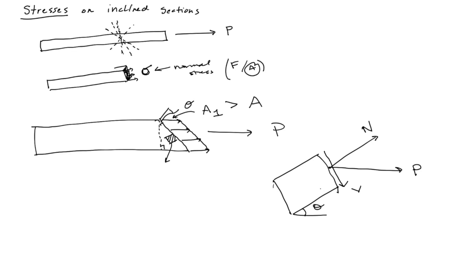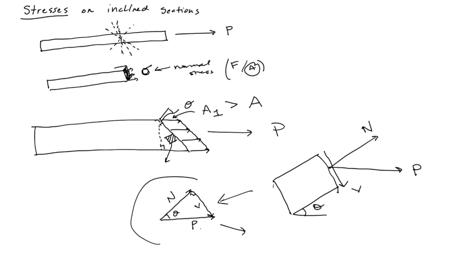Okay, so if we look at a right triangle here, we put these vectors on a right triangle, then we end up with something like this, where we have our angle theta, and then this is going to be our vector P, this is going to be our vector N, and this will be our vector V. Okay, so that's how this decomposition works. Here's the geometry of that decomposition.